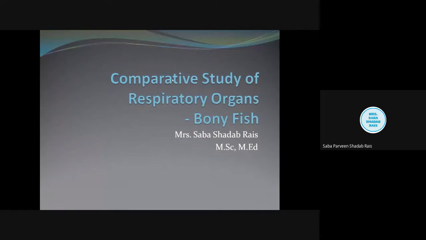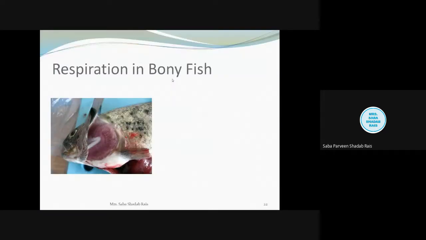Now, when we talk about the bony fish, their clade is Teleostomi, and the superclass is Osteichthyes. They have approximately 45 orders. The bony fish have a special structure which covers their gills, called the operculum.